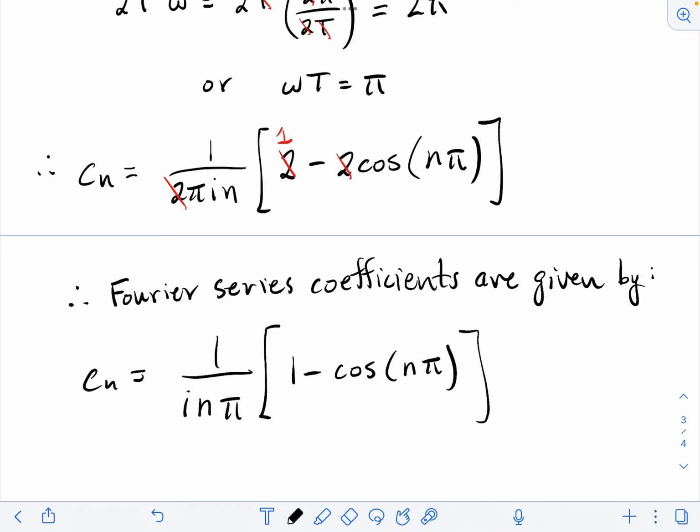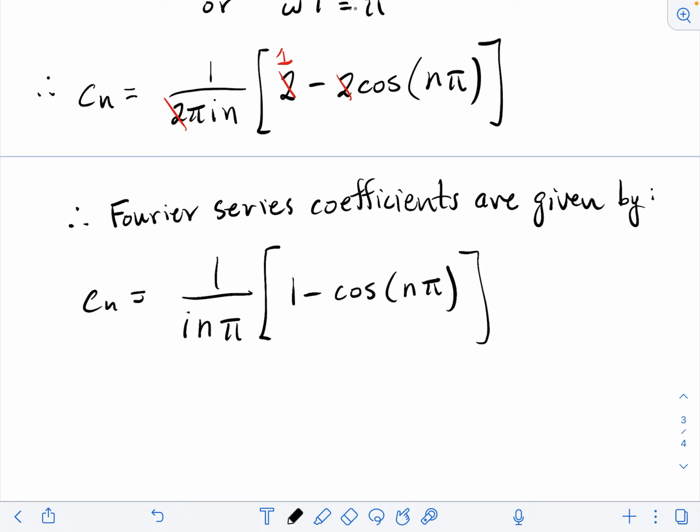Now let's think of cos of n pi where n is an integer. If n is 1, we have cos of pi, which is minus 1. If n is 3, cos of 3 pi is minus 1. 5 would be cos of 5 pi is minus 1. So all odd values of n result in cos of n pi equals minus 1. And if we think of the even terms, cos of 0 would be plus 1, cos of 2 pi would be plus 1, 4 pi would be plus 1.